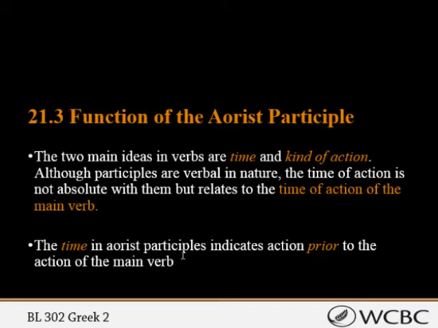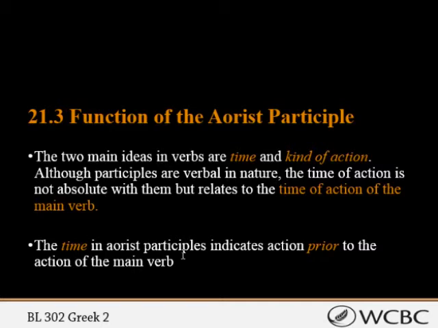If we want to look at the function of a participle, there's two main ideas in verbs. With an English verb, we understand that time is the essence of an English verb. So it's past, present, or future. When we look at Greek verbs, we have both time and kind of action, past, present, future, and in addition to that, are we looking at a progressive aspect of the verb?